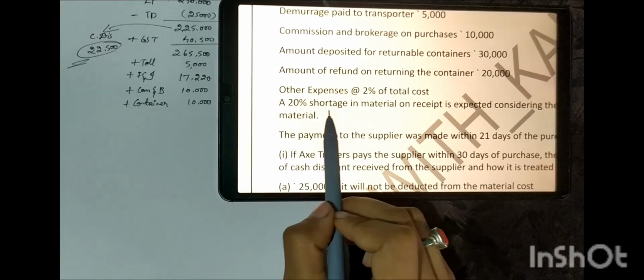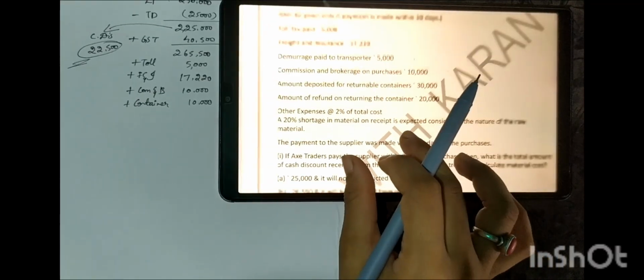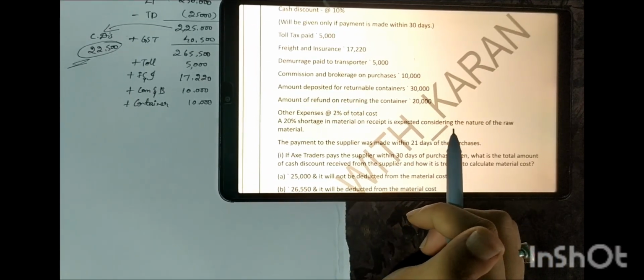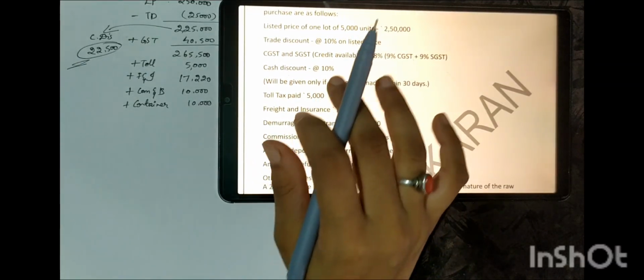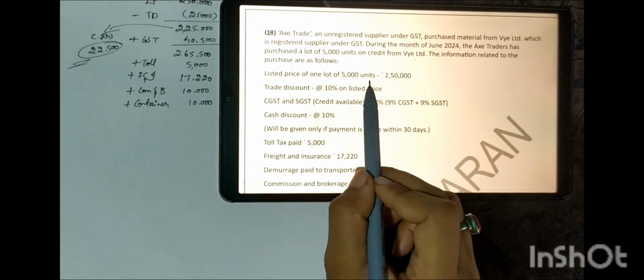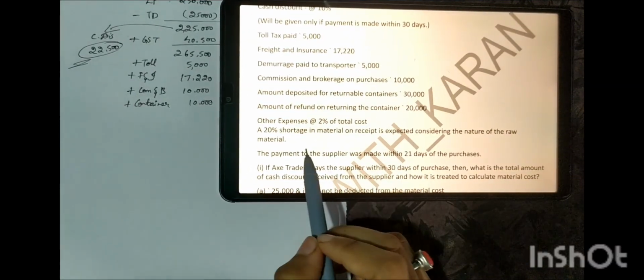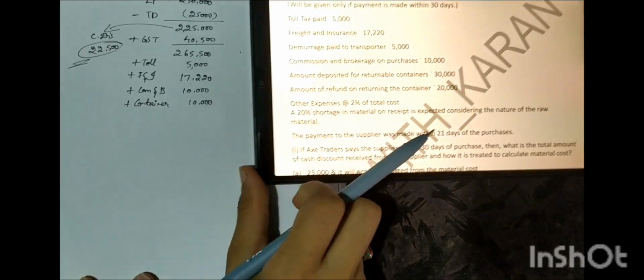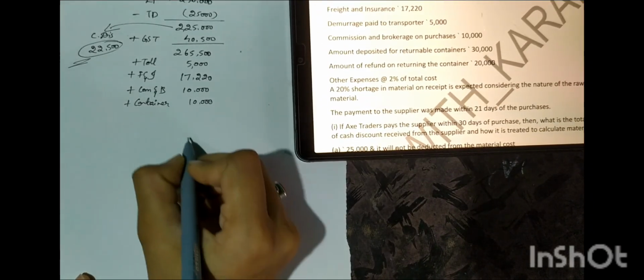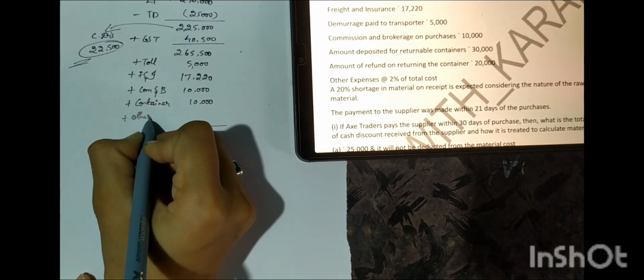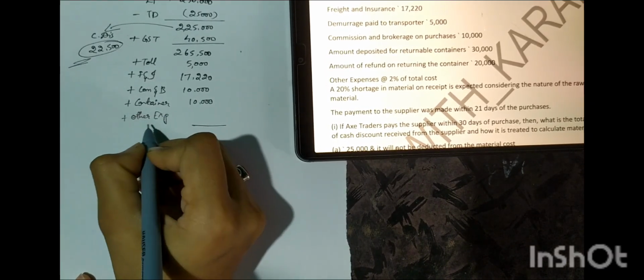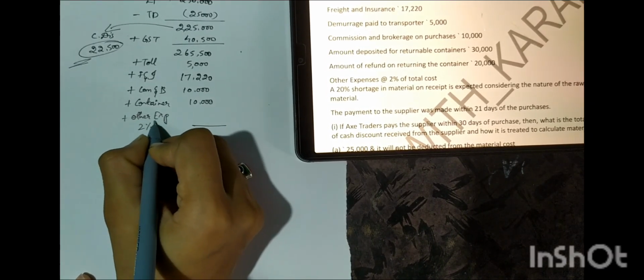And a 20% shortage in material on receipt is expected considering the nature of raw material. So among 5,000 units, how much? 20% is going to be the shortage. So the total cost we don't know, and on that, other expense cost is how much? 2%.